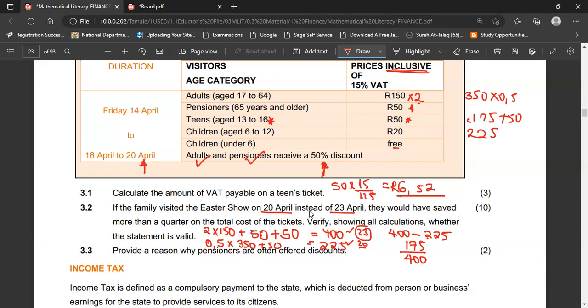What do you get? You get the fraction as 0.44 versus 0.25. So they say they would have saved more than a quarter. True, because this is 0.44, whereas a quarter is 0.25. So the statement is what? Valid.